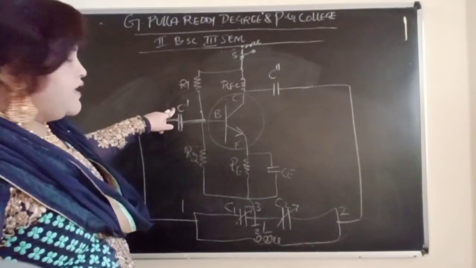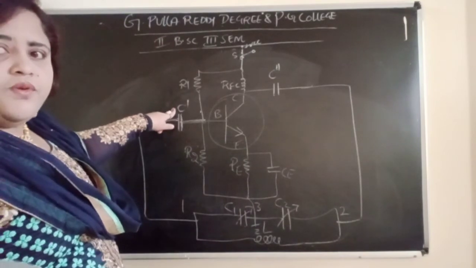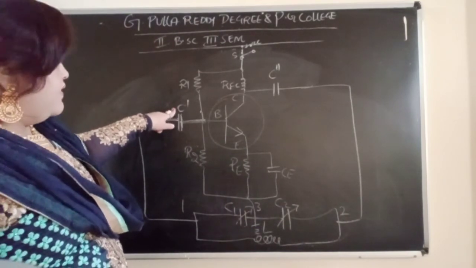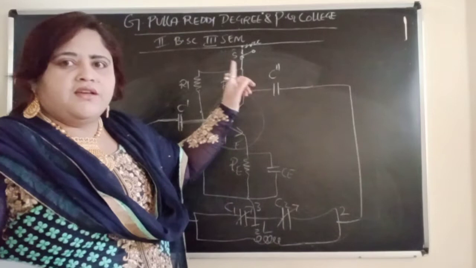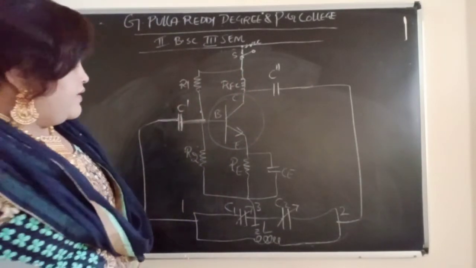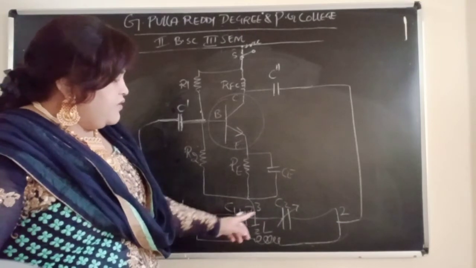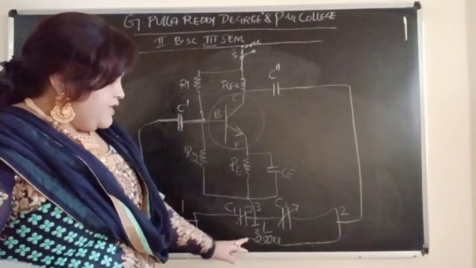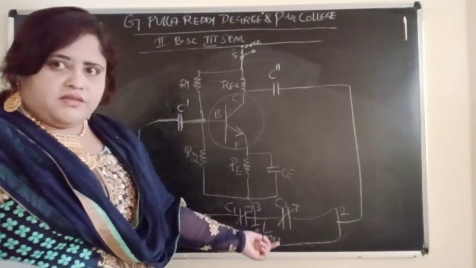Then C dash is providing self bias, and C double dash will block DC and it will pass only AC.